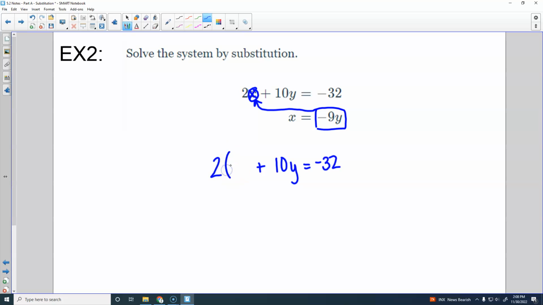So I would put parentheses here, and I would have negative 9y. Now this is good because it now makes it where there's only one variable in that equation, so I can solve that equation. So let's see, Ian, what would I do to solve that equation?